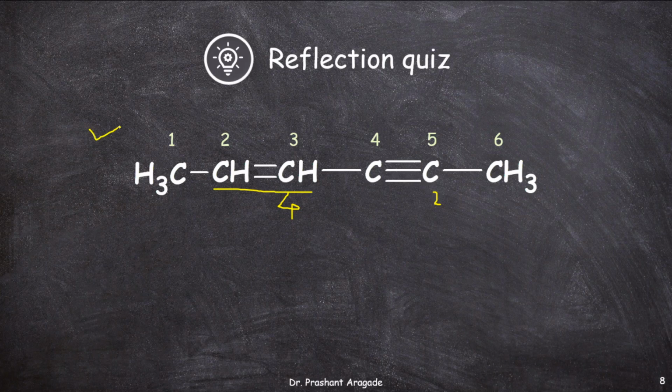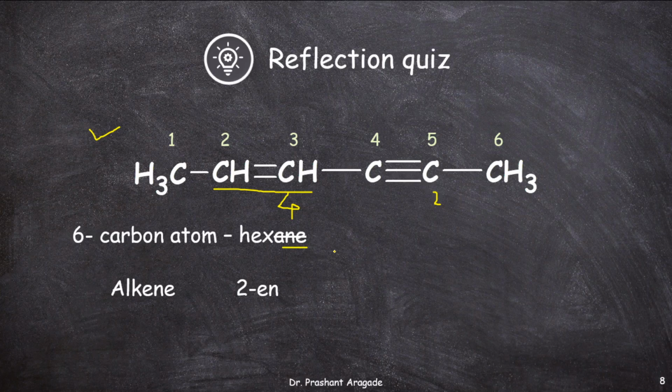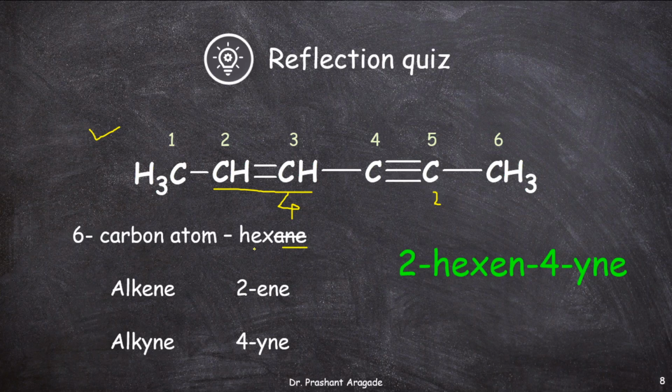So that's why this numbering system is correct. It contains 6 carbon atoms, so hexane. So replace this ANE with the suffix of the functional group. Alkene is at position 2, so 2-ene. Alkyne is at position 4, so 4-yne. So the name of this compound is 2-hexen-4-yne.